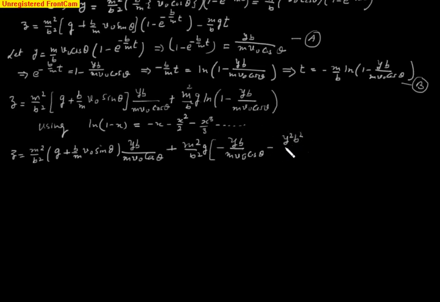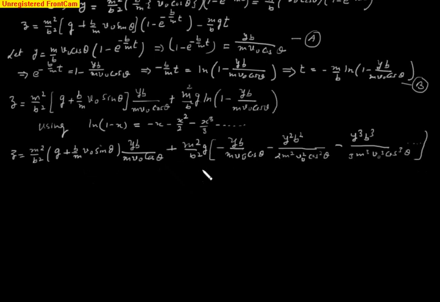minus y square b square over 2m square v naught square cos square theta, minus y cube b cube over 3m cube v naught cube cos cube theta and so on.